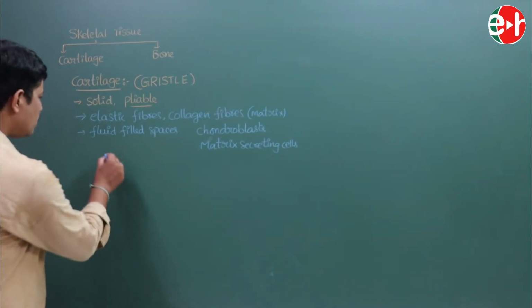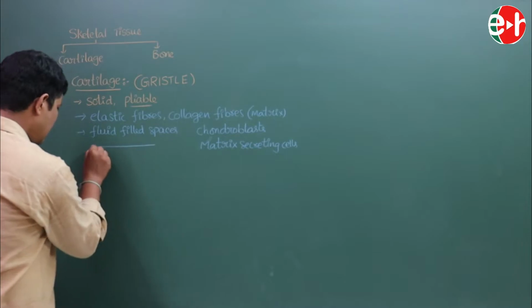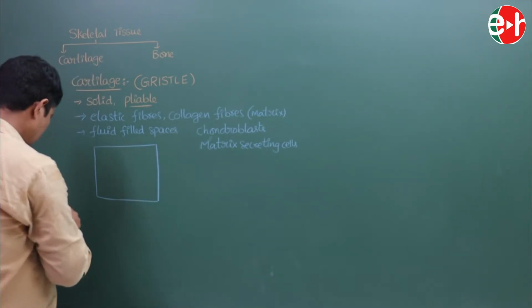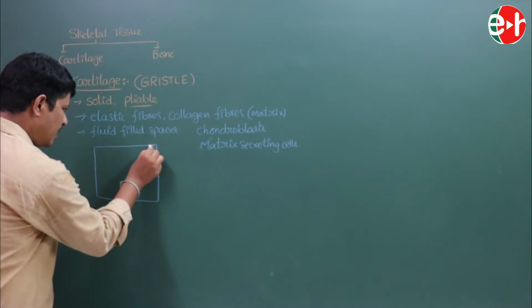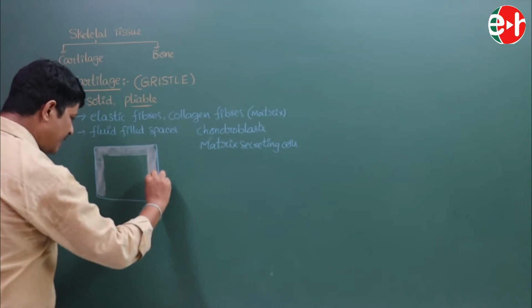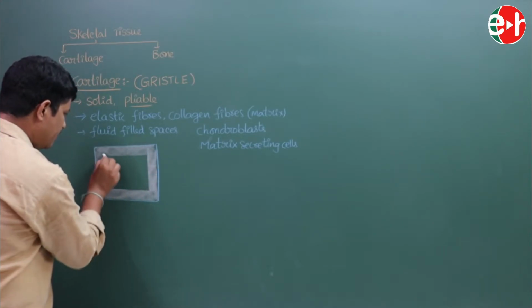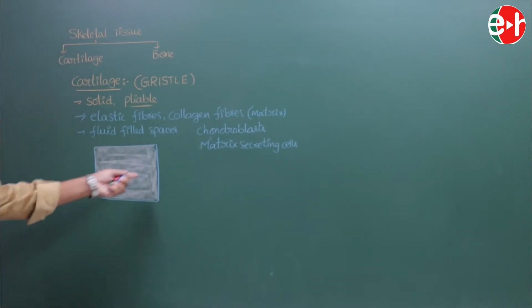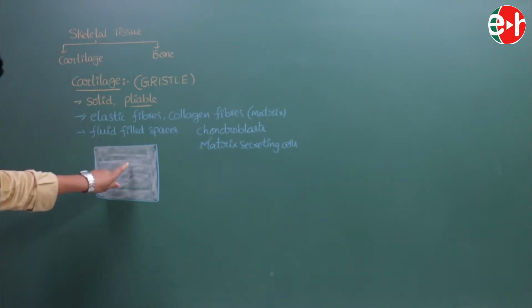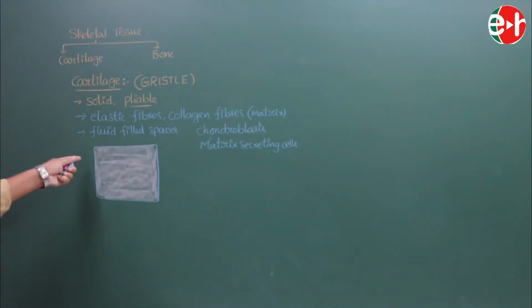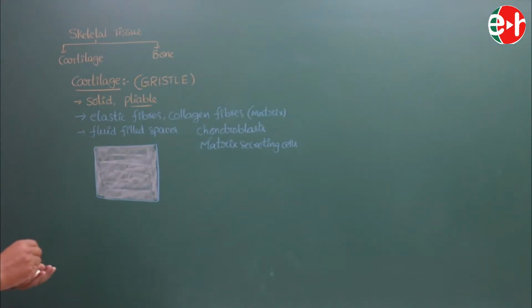Here, this is one cartilage. Inside that is a matrix. The fluid filled spaces are known as matrix. This matrix is secreted by the chondroblasts, and this matrix contains elastic fibers and collagen fibers.